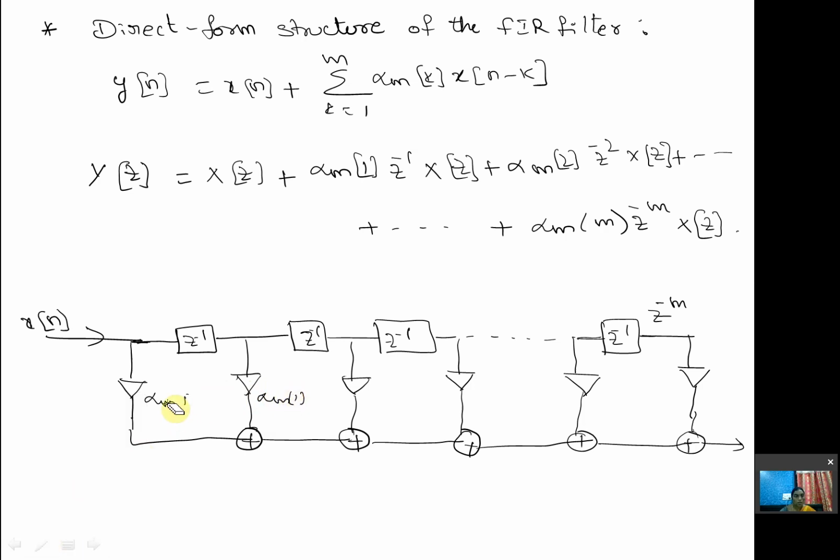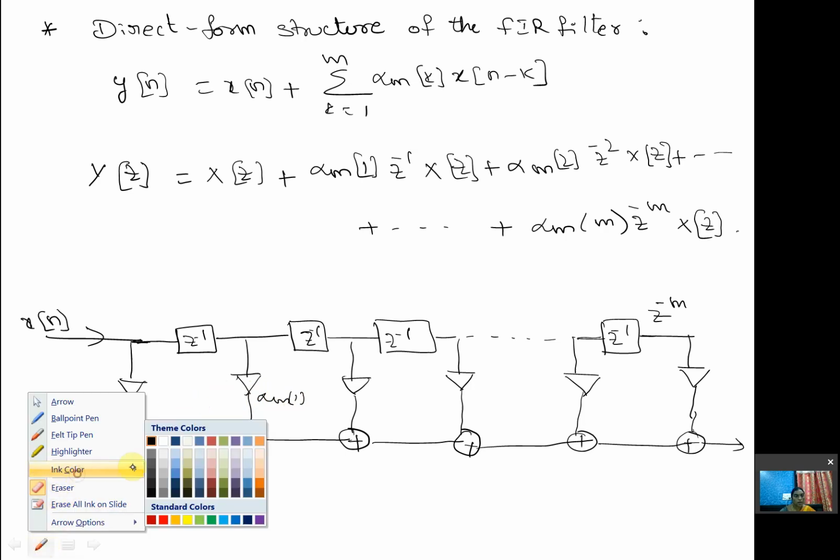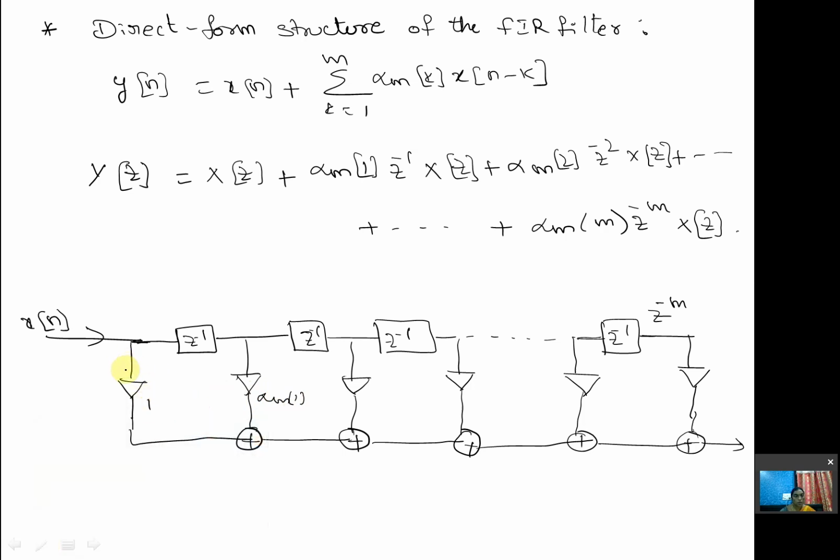Actually this is 1, so no need to take the multiplier, you can directly draw like this. This is alpha M of 2, this is alpha M of 3, this is alpha M of M minus 1, this is alpha M of M.